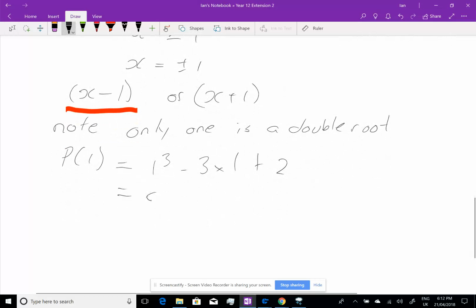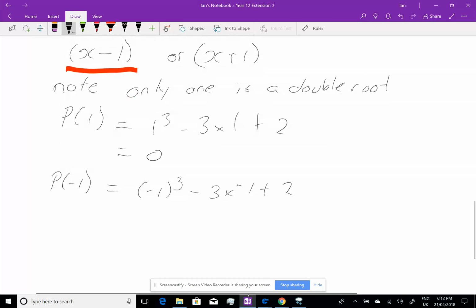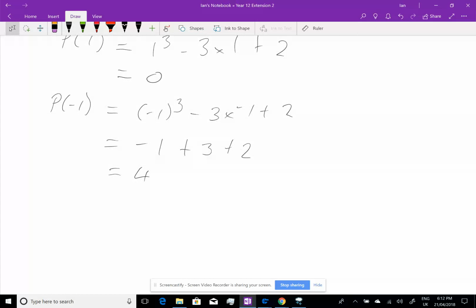Oh, that equals 0. So x minus 1 is the double root. I could go on and find P(minus 1). I don't need to, but I'll get minus 1 cubed minus 3 times minus 1 plus 2, which equals minus 1 plus 3 plus 2, which equals 4, which is not a factor of the original cubic equation.